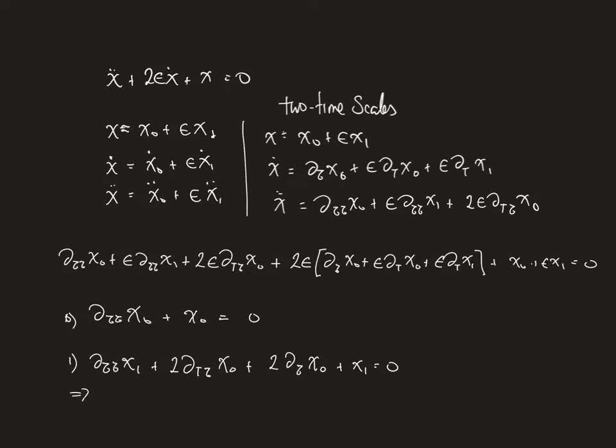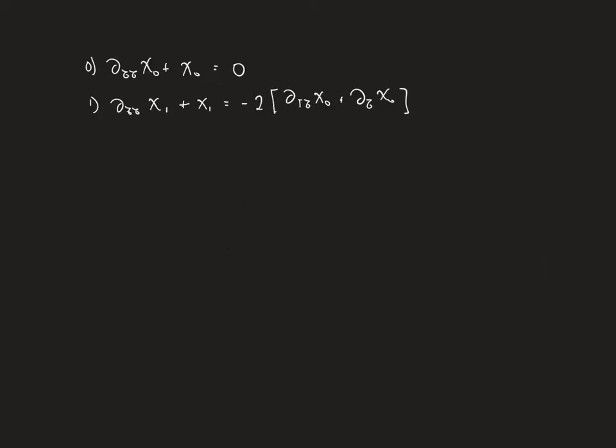So this is actually x1 plus x1 equal minus 2 times, then we have here t tau x0 plus t tau 0. So we are in a very similar position as before. We have to solve this equation, which is exactly the same.